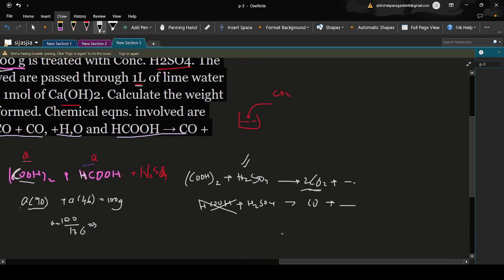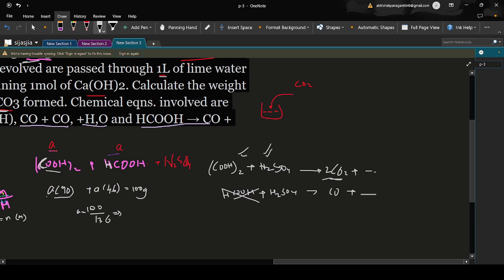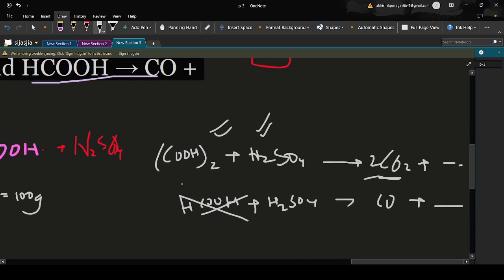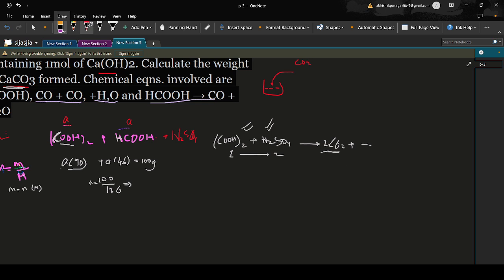Now let's see how many moles of this there are. Initially 1 mole is producing 2 moles of CO2. Let me erase this reaction because it's already useless for the question.